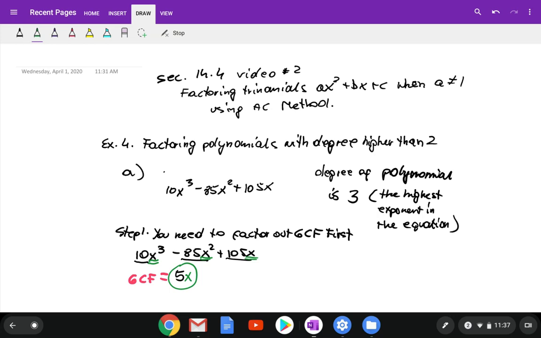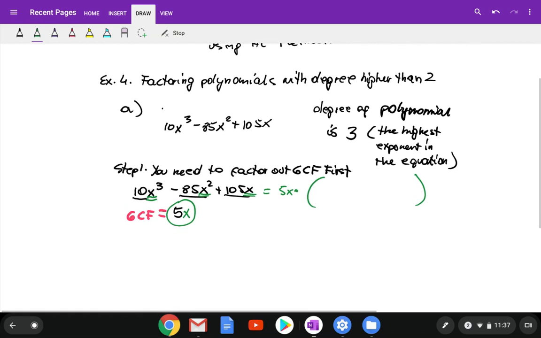So we're going to factor out that GCF. We're getting 5x times, and let's take care of the rest. Take your original expression, which was 10x to the third, and divide by GCF, which is 5x, and that will give you 2x squared, and that 2x squared will be in the parenthesis.